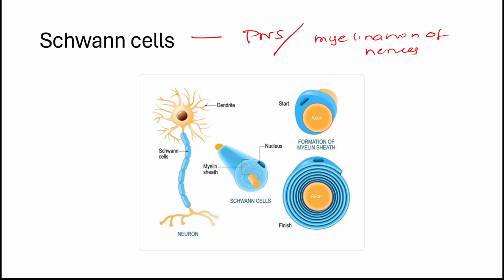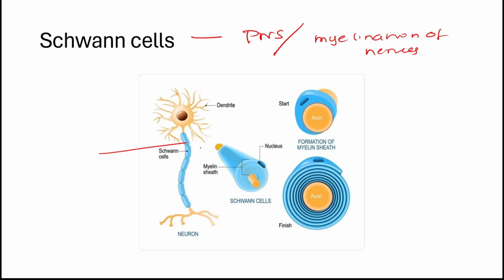Most of the time, a single Schwann cell will have its function only on enwrapping a single axon, not more than that. But this is not true when it comes to oligodendrocytes. Oligodendrocytes have the capacity to enwrap multiple axons.